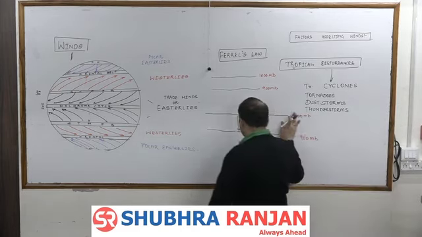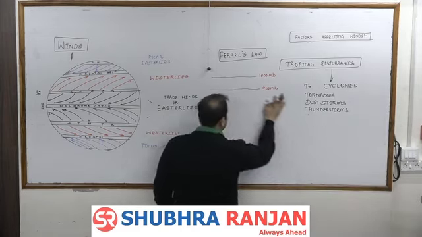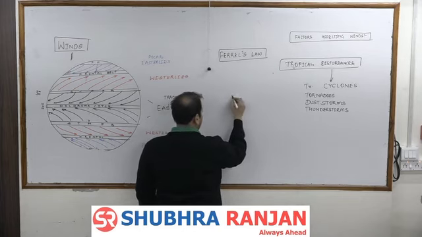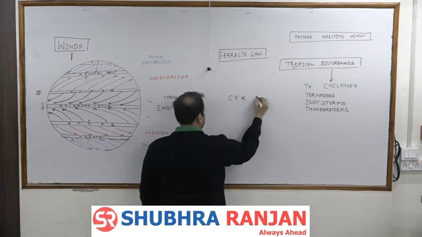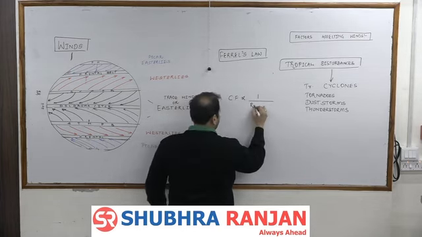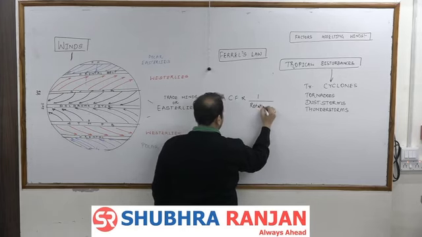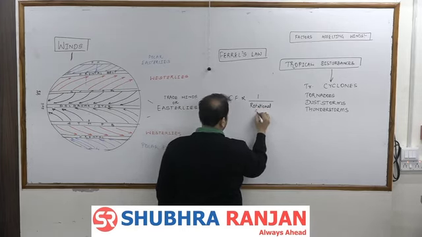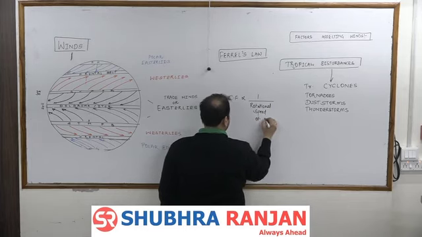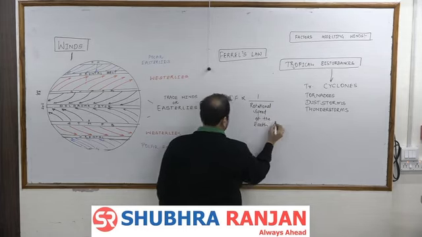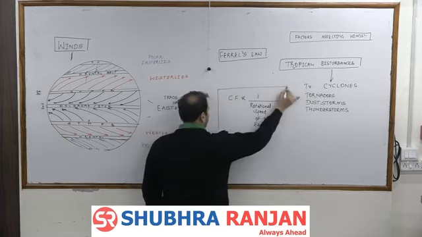Next, Coriolis force is inversely proportional to the rotational speed of the earth.